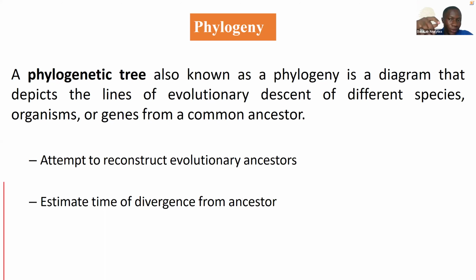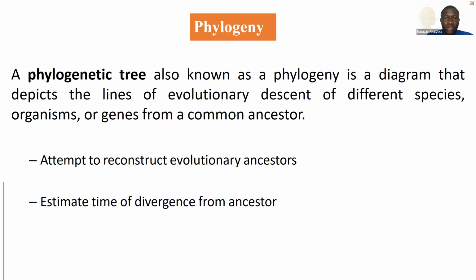When we talk about phylogeny, we are not just looking at it at the gene level, we are looking at it at the species level, at the organism level, and we are also looking at it at the genetic level, which we will be doing today. We do have different kinds of phylogeny, but what we will be doing hands-on today is molecular phylogeny.